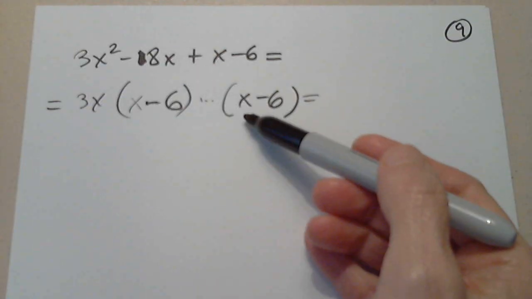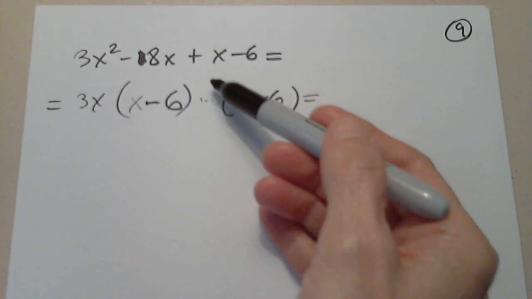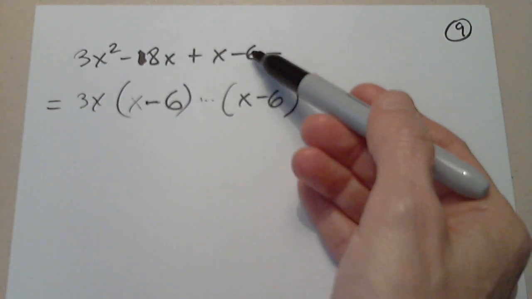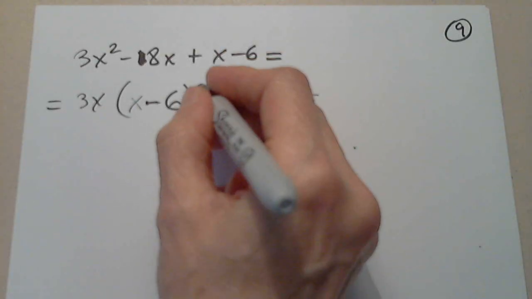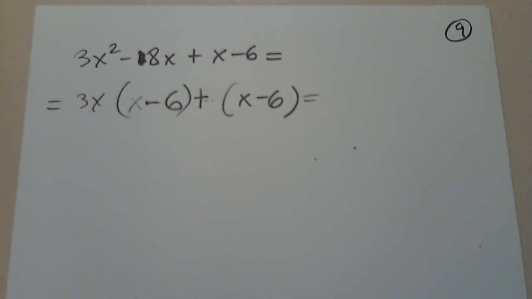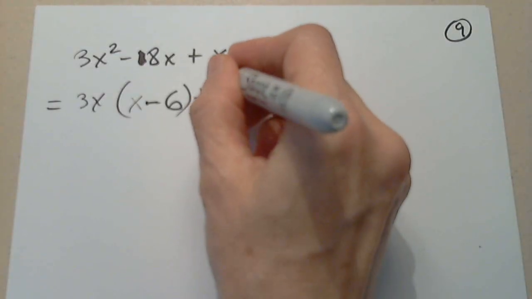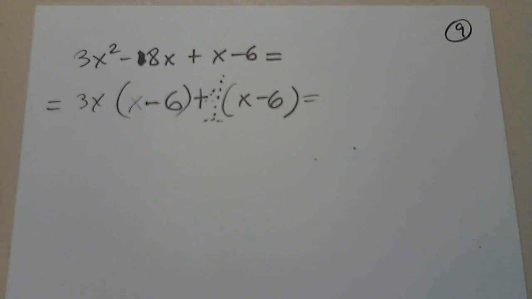It has to be plus, because only plus times x will be this, and plus times -6 will be that. So it has to be plus. And what is the factor? What do I multiply x by to get x? Exactly. But I have to have something. If I don't put something, I will definitely mess it up.